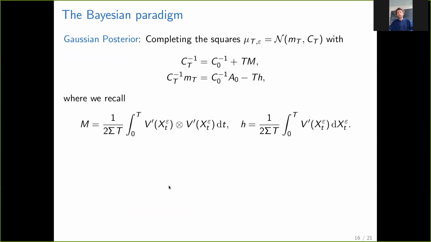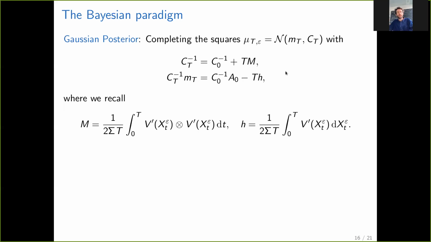This can be quickly done by completing the squares, and we find that the posterior measure, which of course depends on the final time, so the horizon of the data we are given, and on the multiscale parameter, is given by a Gaussian of mean m_T and covariance matrix C_T, where the inverse of the covariance, the precision matrix, is given by C_0 inverse plus T M. We can see that the prior precision matters less and less when we are acquiring more and more data, so if T becomes bigger and bigger.